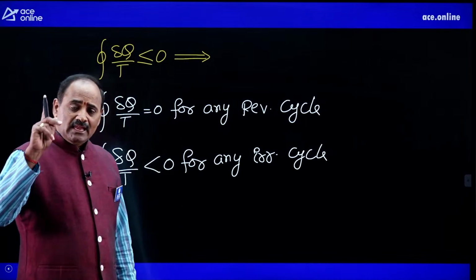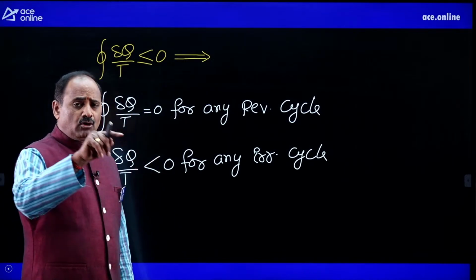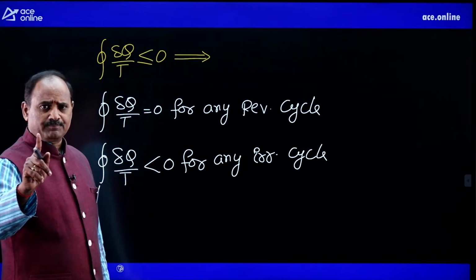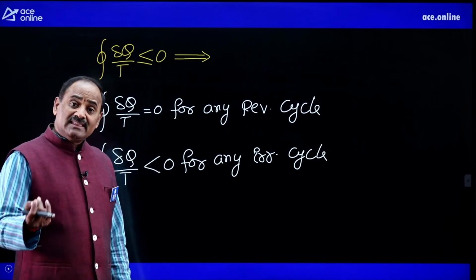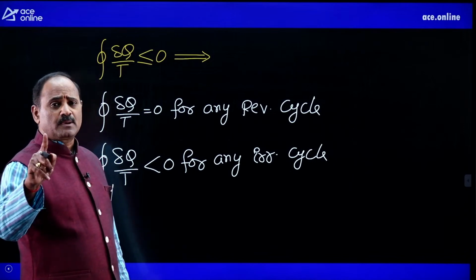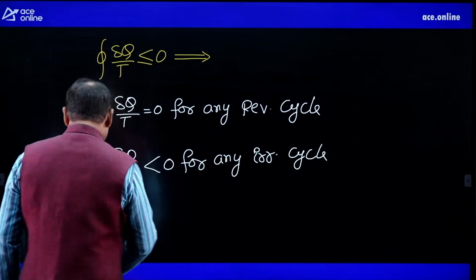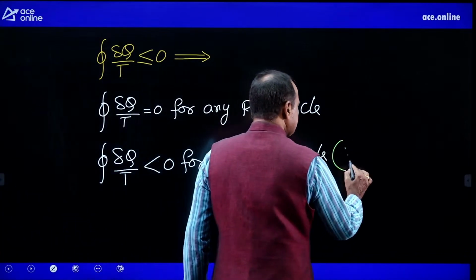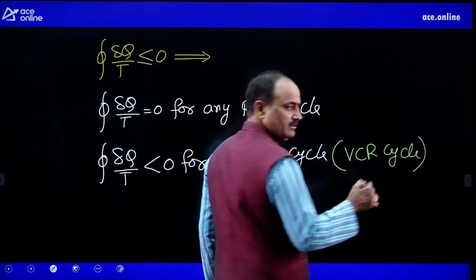Irreversible cycle means if any cycle is constructed with all irreversible processes or at least one irreversible process, that kind of cycle is called an irreversible cycle. The best example for an irreversible cycle is the vapor compression refrigeration cycle.